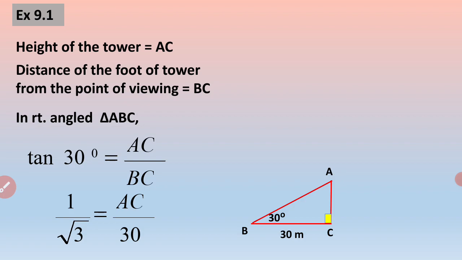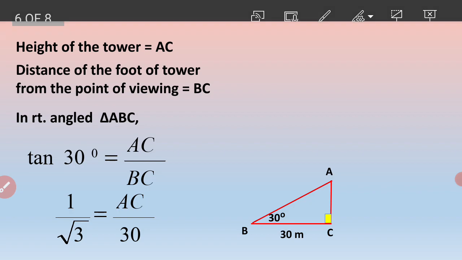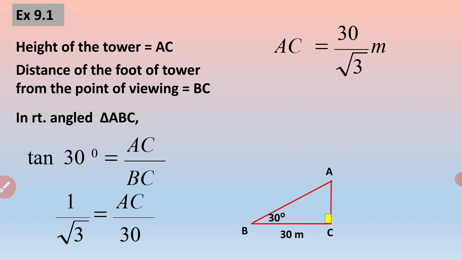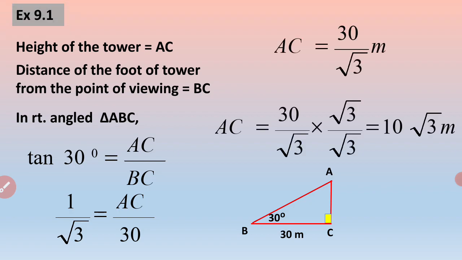AC is the unknown, that is the aim. I want to find that length, and BC is 30 meter. So let us solve it by cross multiplication, and I get the AC as 10 root 3 after rationalizing the denominator. This is how I've got the height of the tower.